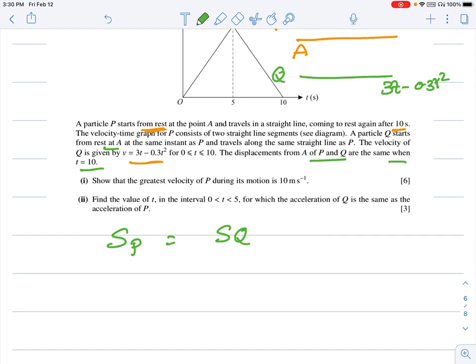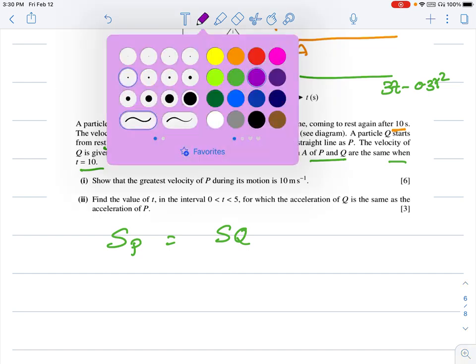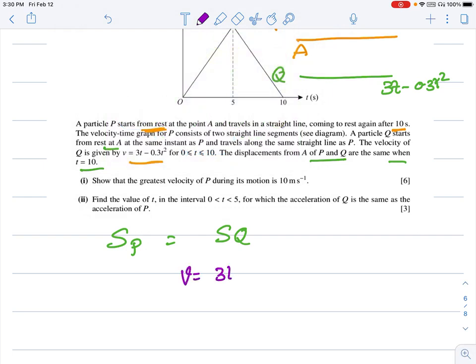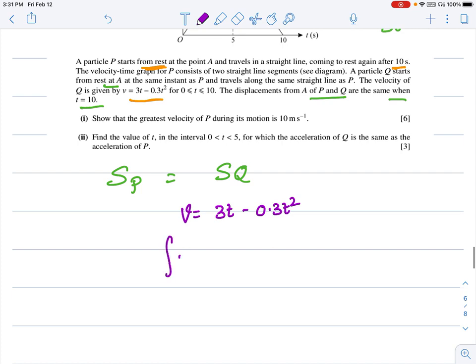So how should I find it out? Displacement of P and displacement of Q. Now displacement of P should be equal to displacement of Q when t is equal to 10. For Q, the velocity is given as 3t minus 0.3t squared. If I want to find the displacement, I do the integration of 3t minus 0.3t squared times dt.